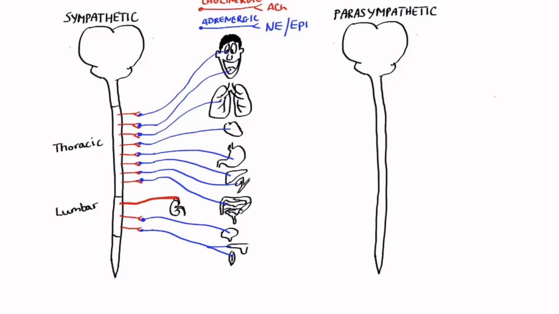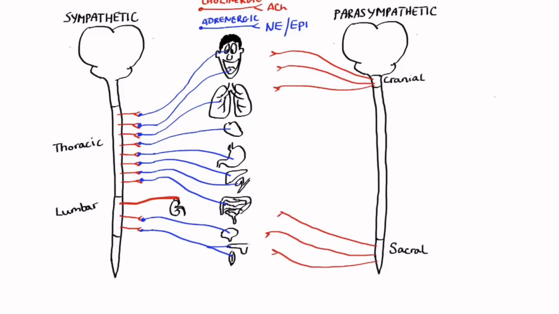On the other side, we have the parasympathetic nervous system, which is responsible for the rest and digest response. Parasympathetic neurons arise from cranial nerves 3, 7, 9, and 10, and the sacral region S2 to S4. In contrast to the sympathetic division, parasympathetic preganglionic neurons are long and postganglionic neurons are short, and they both release the neurotransmitter acetylcholine.